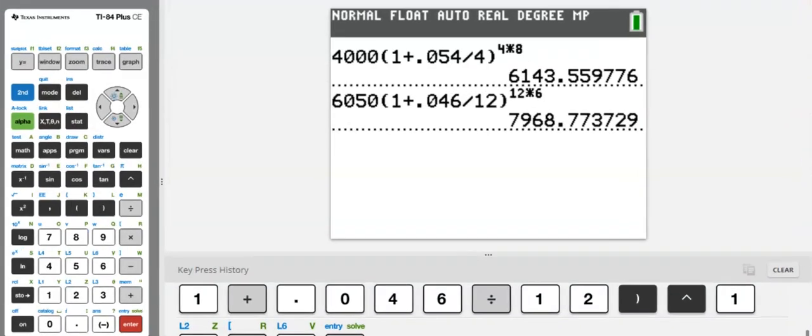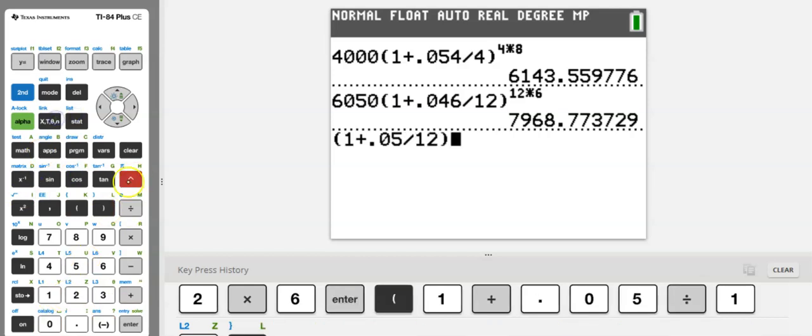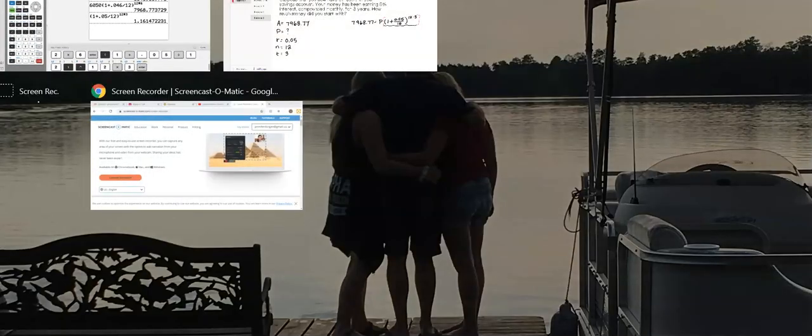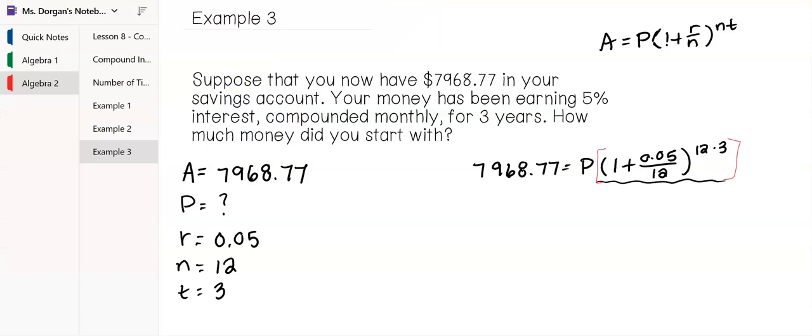Okay, so we've got 1 plus, and I'm going to again put it in parentheses just like we saw it, 1 plus 0.05 divided by 12, and then raised to the 12 times 3. Okay, that gets us about 1.16, round to 2 decimal places. Okay, try to get it as accurate as possible. So 1.16, which means I am now in my equation going to replace all of this with 1.16.